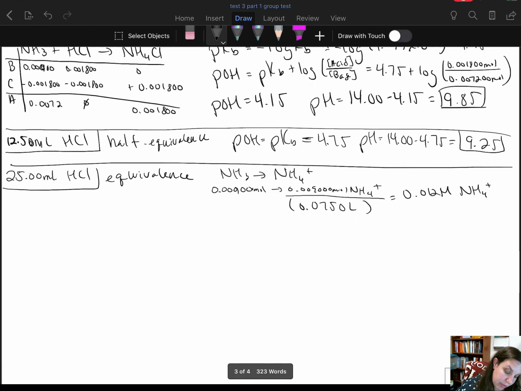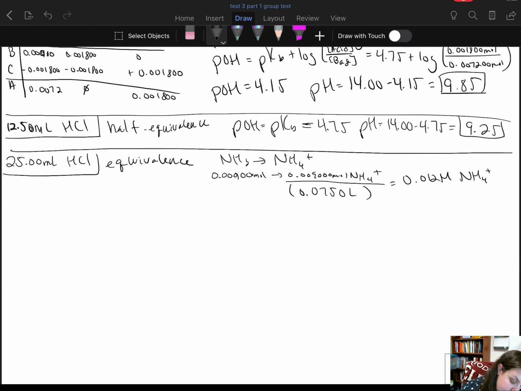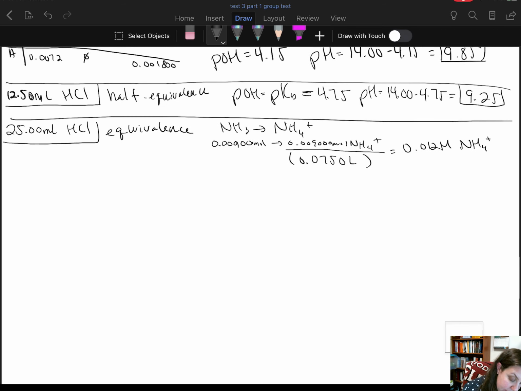Next, we need to solve for our Ka, which would be our Kw divided by our Kb. And we get a Ka value of 5.65 times 10 to the negative 10.